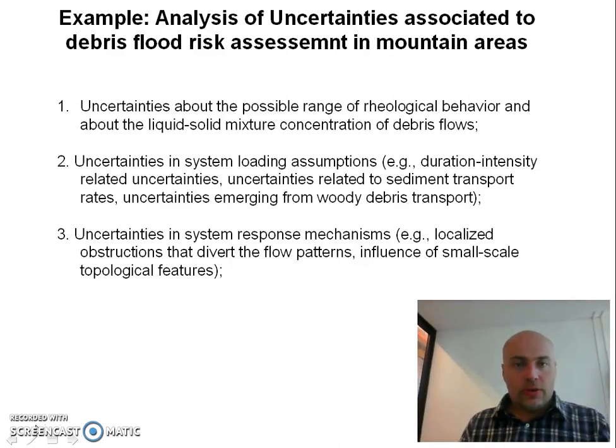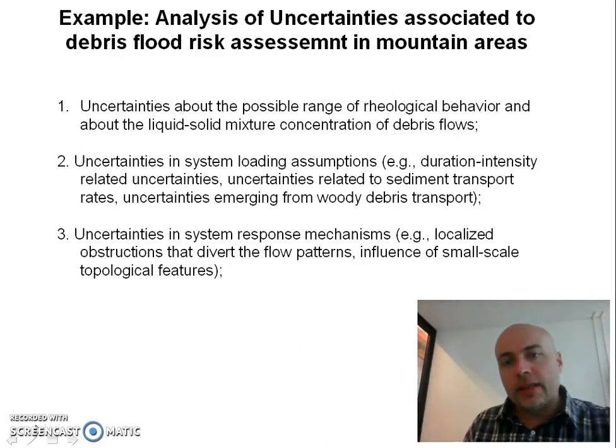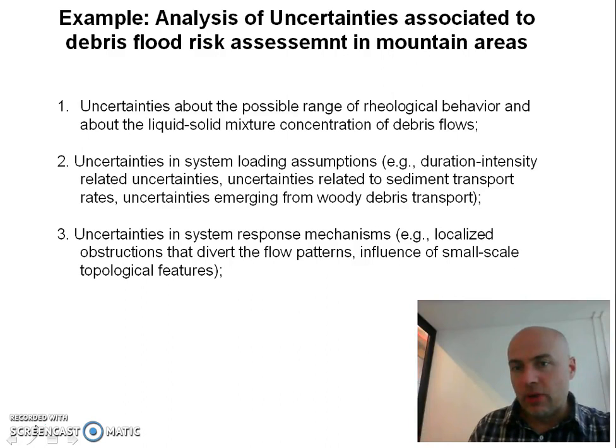A second source of variability, of uncertainty, is related, for example, to the so-called system loading assumptions. By system loading assumptions, I'm referring to, for example, the duration and intensity of rainfall. So there, obviously, you have certain scenarios to take into account related to certain recurrence intervals, for example, but also uncertainties related to sediment transport rates, depending on the precision and accuracy of the description of the solid layer.